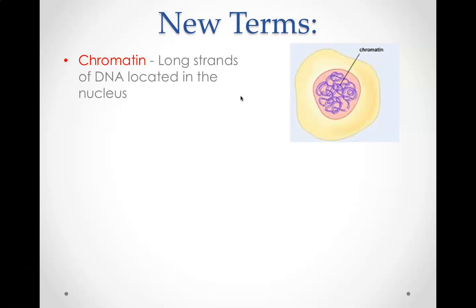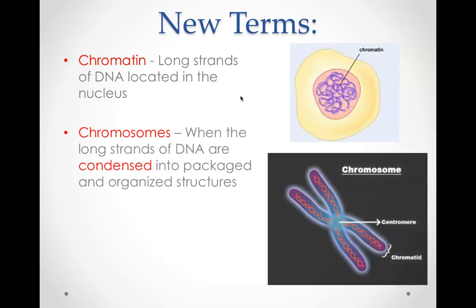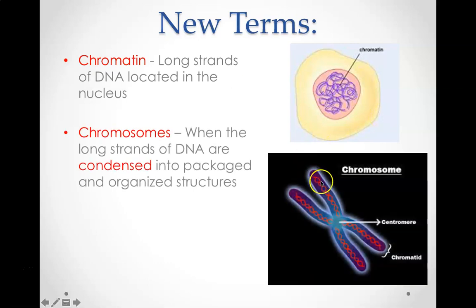When it's getting ready for mitosis, that's when they shrink, they kind of compress into those X shapes, and that's what we call chromosomes. So it's the same thing, it's the same genetic information, but just a different form that it takes. So here, all of a sudden those spaghettis compress into this X shape, and this is a chromosome.